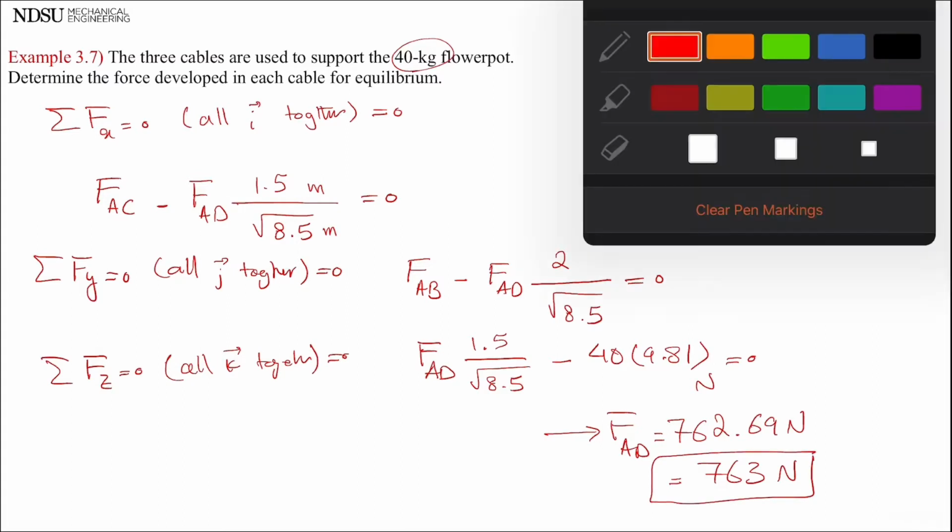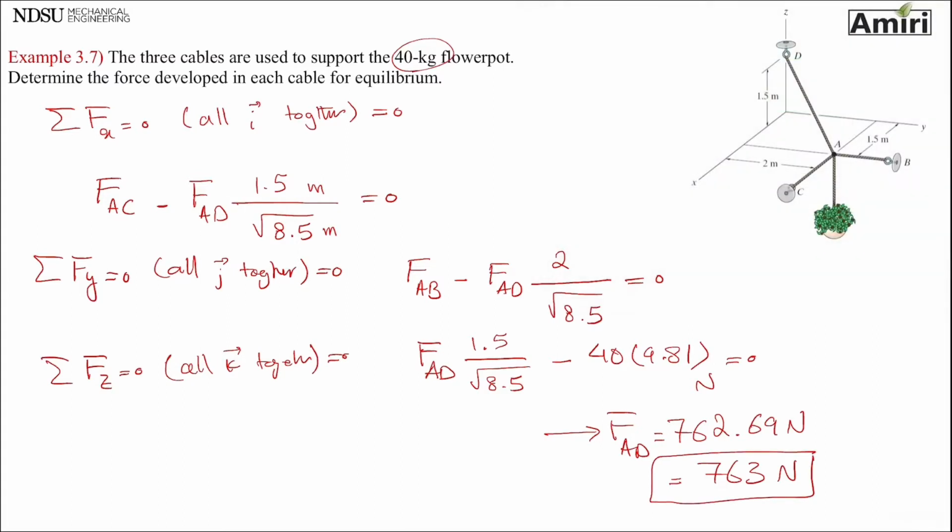Okay, now I can go back and put them back in these equations. So FAD, when I put it back in the equation, I put the actual number, not the 3 significant figure rounded number. So if we put that, we get the magnitude of FAC to be 392.4 or 392.